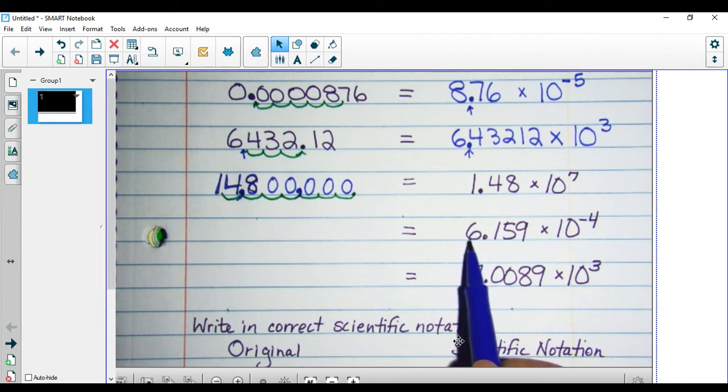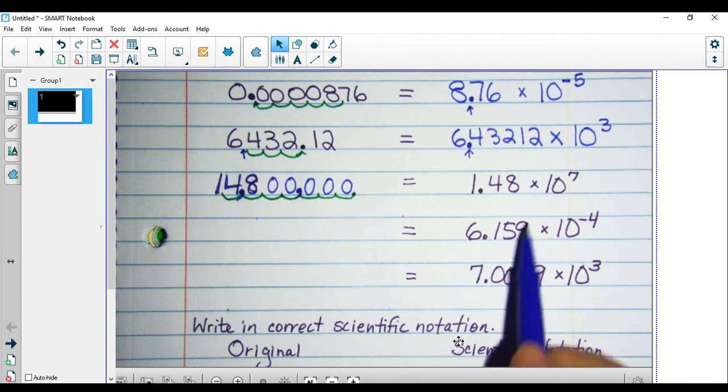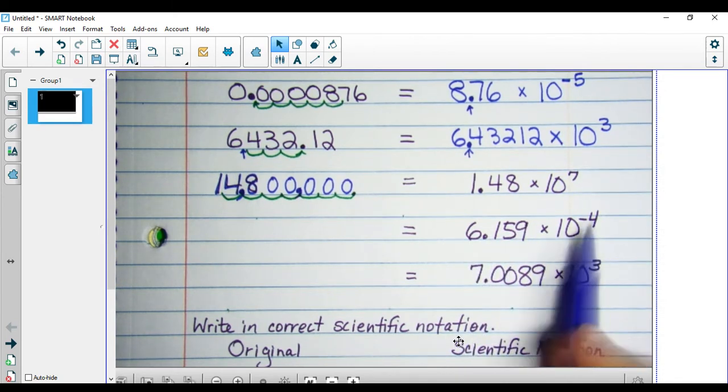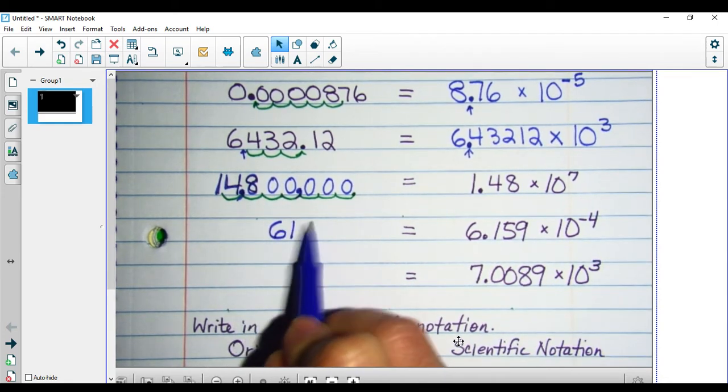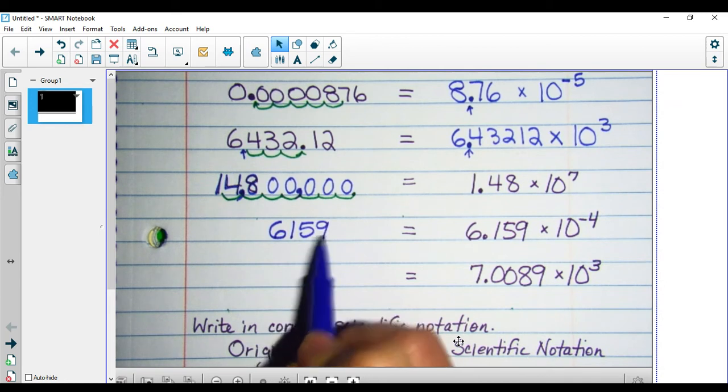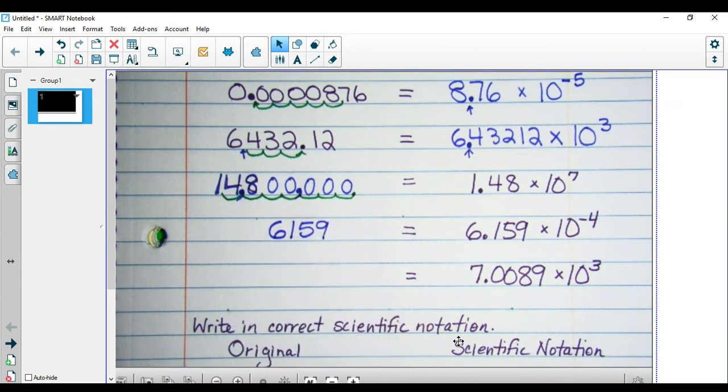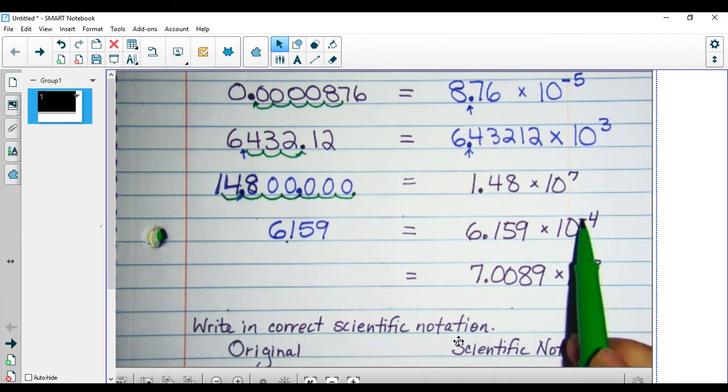Do the same thing with 6.159 times 10 to the negative 4th. I'm going to write down my significant digits, 6159. My decimal was right here, but I'm going to multiply by 10 to the power of negative 4.